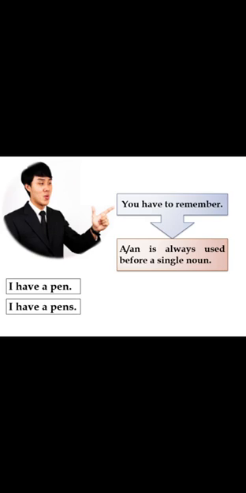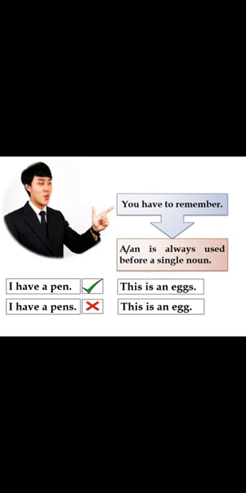It's a wrong sentence because pens is a plural noun, that's why there will be no a. Right? Wrong. This is an egg. It's a correct sentence. This are an egg is wrong because if there is an, that means one egg. So there will be no plural noun.